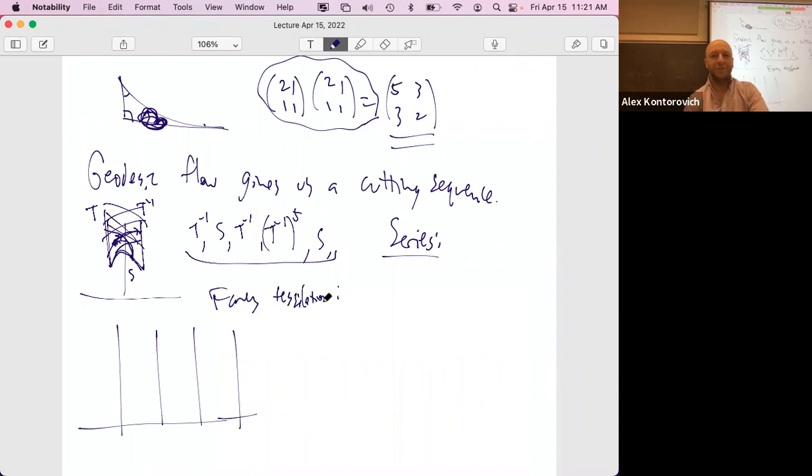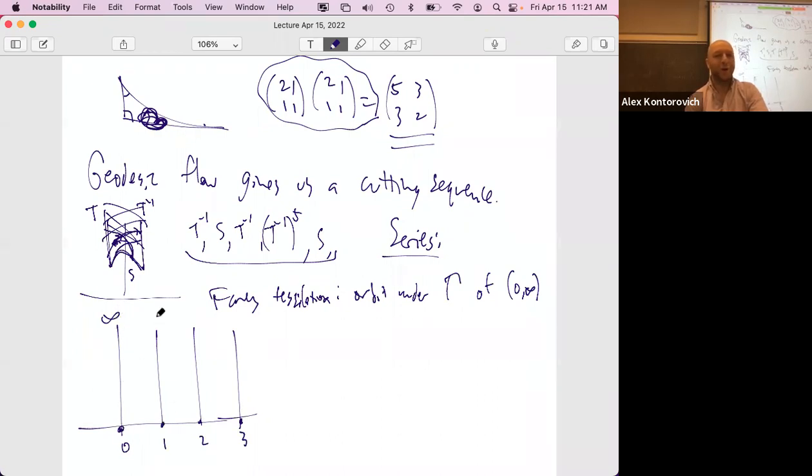The Farey tessellation is the orbit under SL2Z of the geodesics from 0 to infinity. So you can translate them. Now I get 1 to infinity, 2 to infinity, 3 to infinity, and so on. If I apply S, well, S interchanges 0 and infinity, so that doesn't do anything.